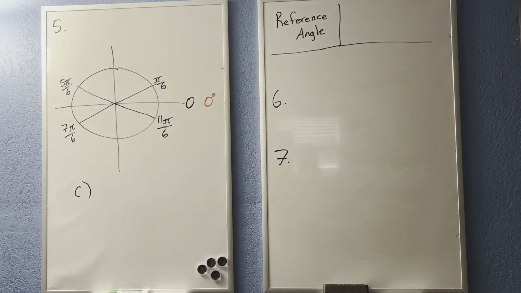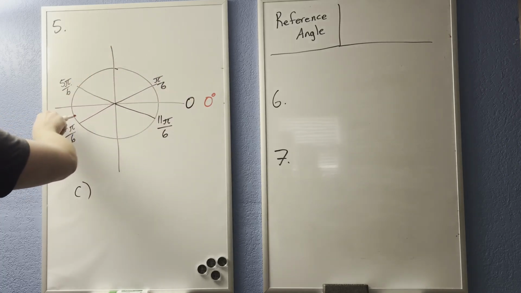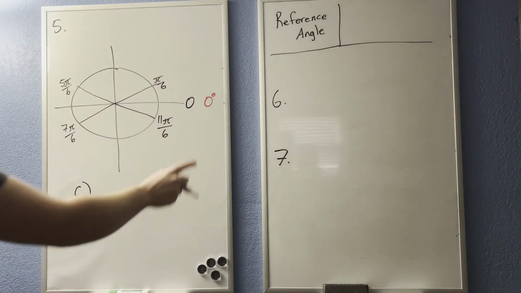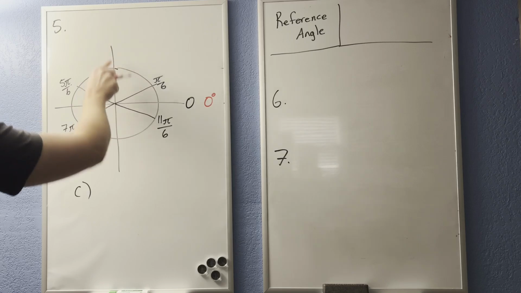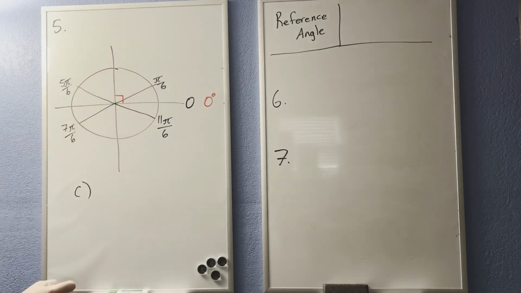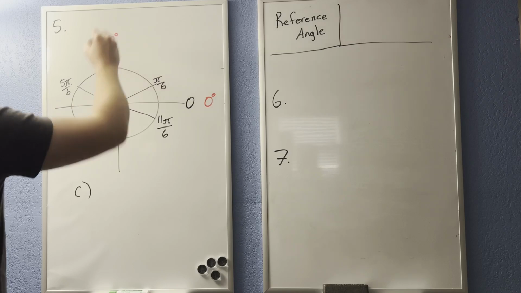Then it's asking, what about the other axes? So this is the positive x-axis. What about the positive y, negative x, and negative y axes? If I turn right here, that makes a right angle, and we know that a right angle is 90 degrees.